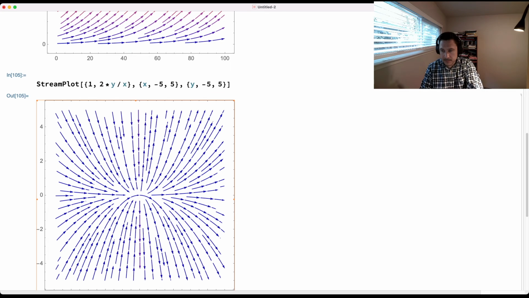Let's copy this and go back over to OneNote and we'll analyze this. Don't worry, I haven't changed over yet. I'm just adjusting the size of the graph so that we'll be able to see it. Okay, I'm switching over now.